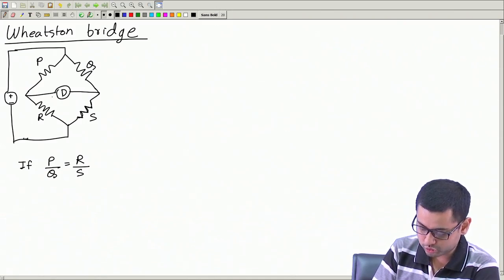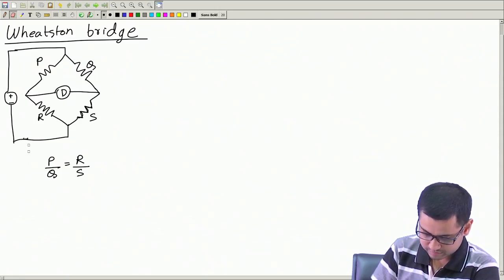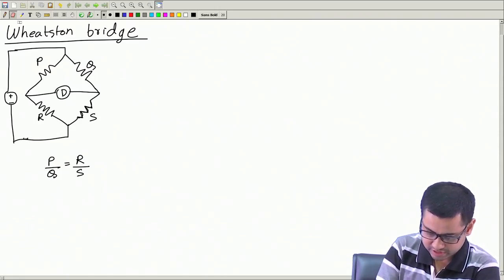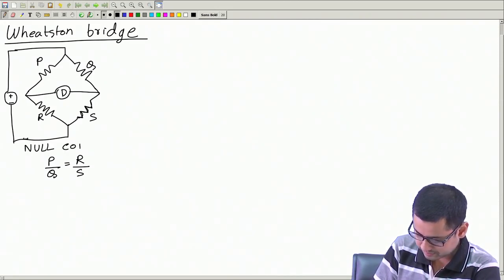So, no current will flow through the detector. That is called the null condition.